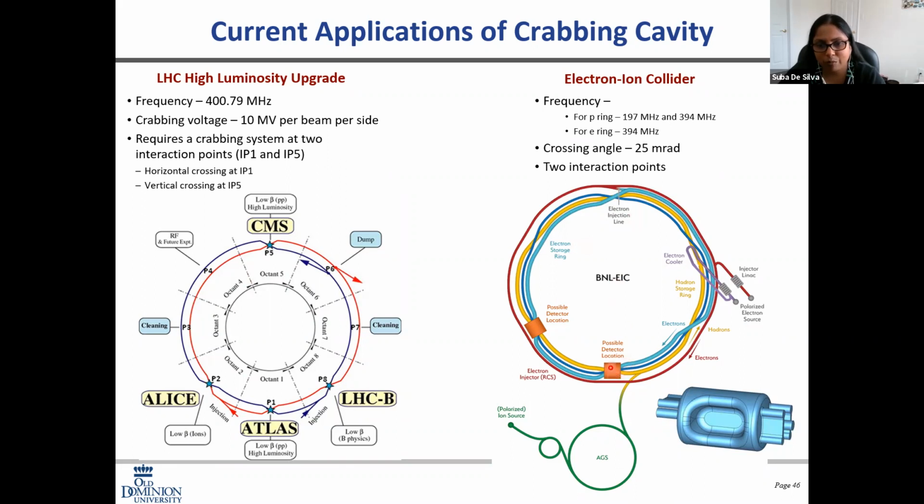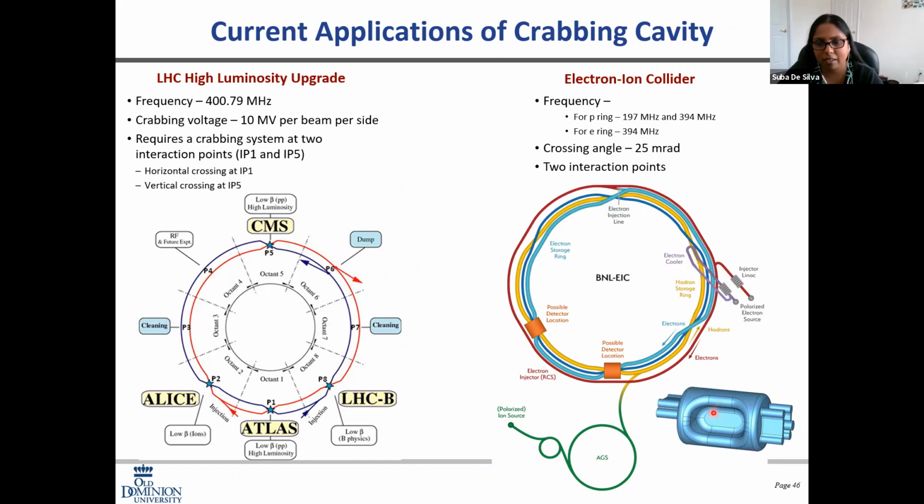Here there are two proposed interaction regions, one here and one here, and this is the collision between electrons and protons. In the LHC, it's a collision between protons and protons. Here you have a very large crossing angle, and because of this large crossing angle, you need two frequencies for the proton ring to crab, and these are 197 megahertz and 394 megahertz.